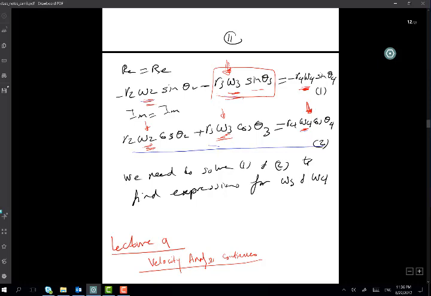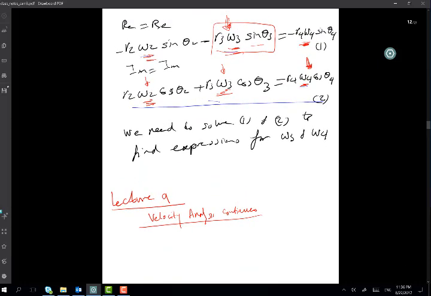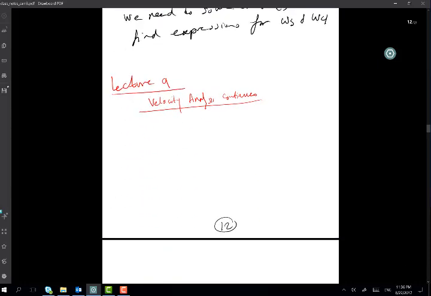Like in linear equations, normally, if I have x1 multiplied by a11 plus a12 multiplied by x2 is equal to b1, for example, right?